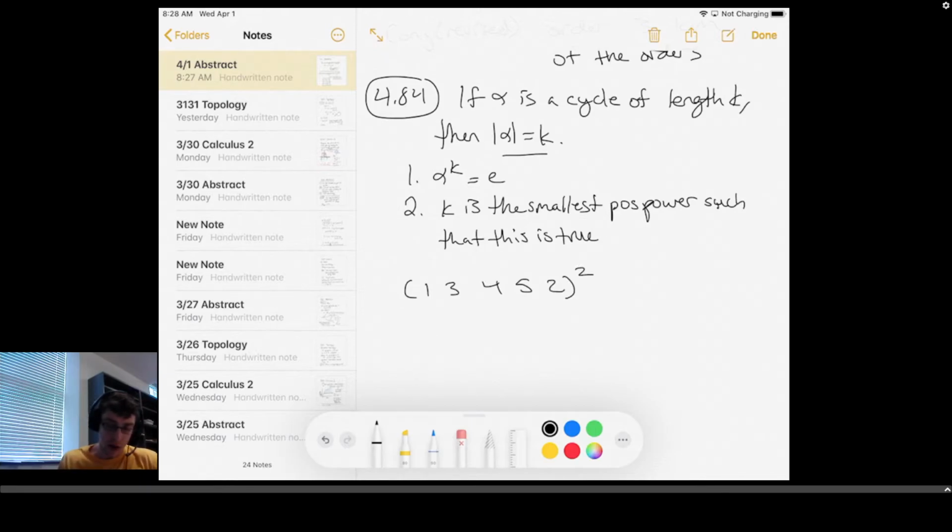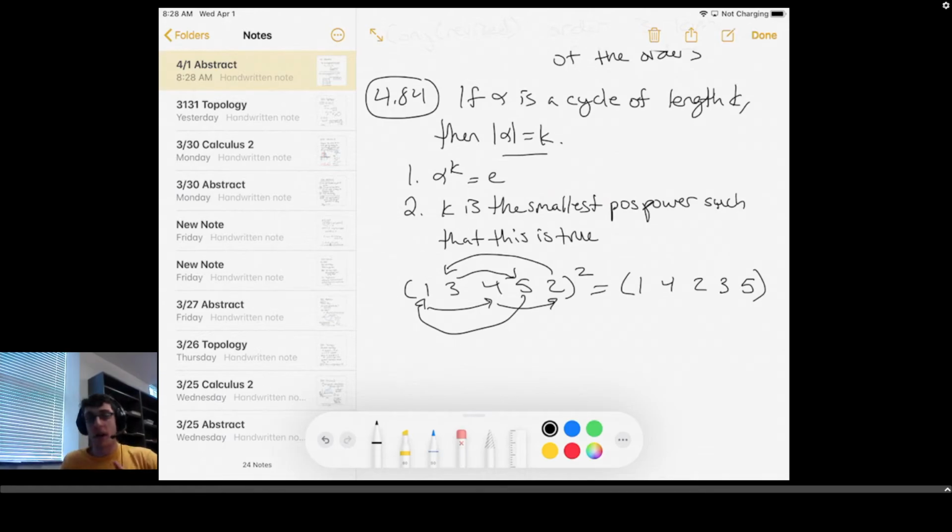So the point is, this moves everything over inside the cycle, right? So this is going to be 1, 4, 2, 3, 5, right? And another power would take it down another 1, and so down 3 from your original.